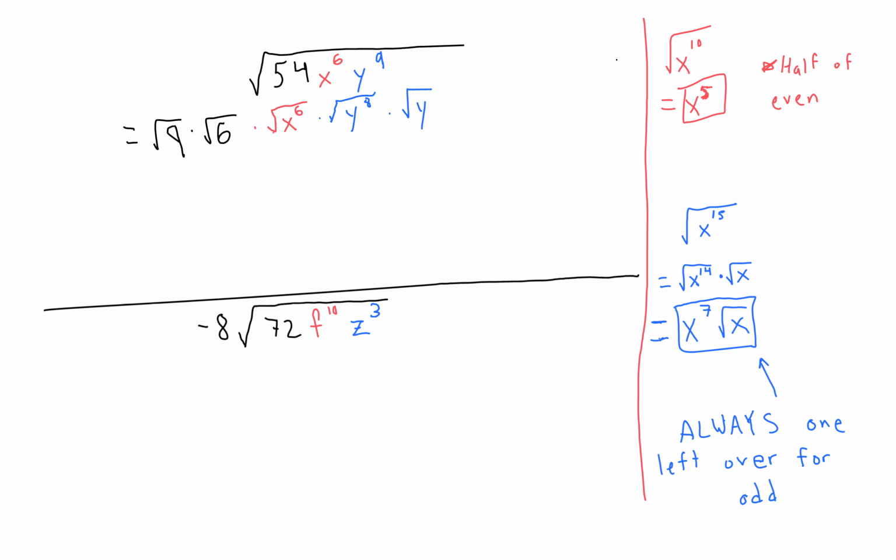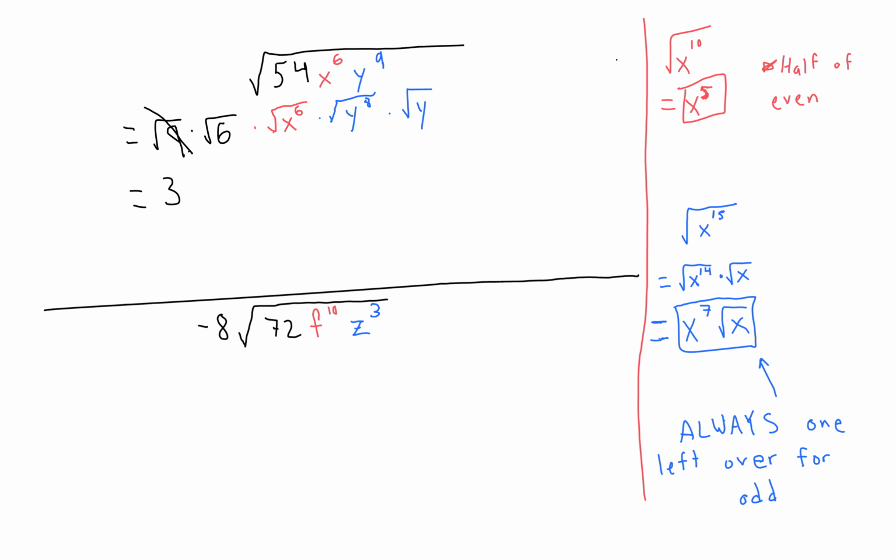At this point, I'm going to locate the terms in this expression that I can do the square root of. The square root of 9 is 3, so I'll go ahead and cross that out.